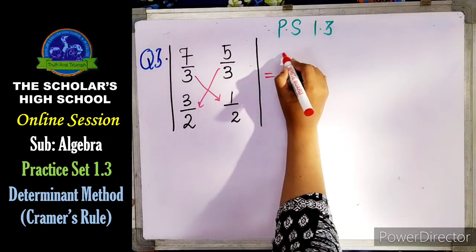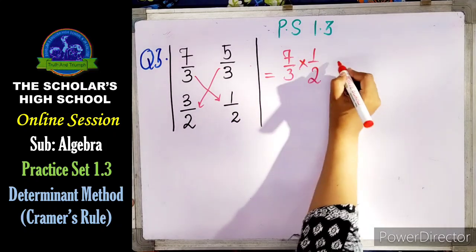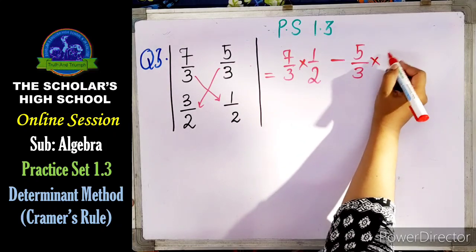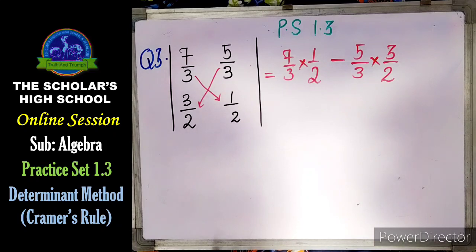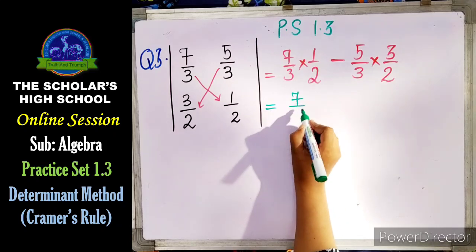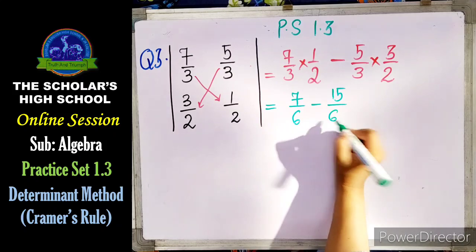So it will be 7 upon 3 multiplied by 1 upon 2 minus 5 upon 3 multiplied by 3 upon 2. You know how to multiply fractions. You have to directly multiply the fractions. 7 1s are 7, 3 2s are 6, 5 3s are 15, and again 3 2s are 6.